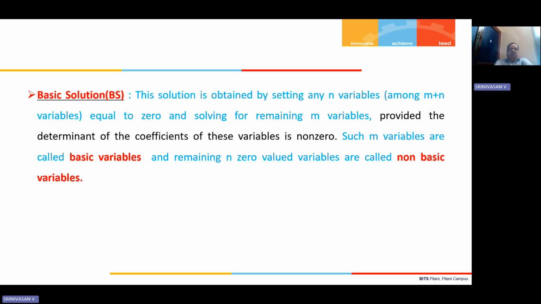Such m variables are called basic variables and the remaining n zero-valued variables are called non-basic variables.